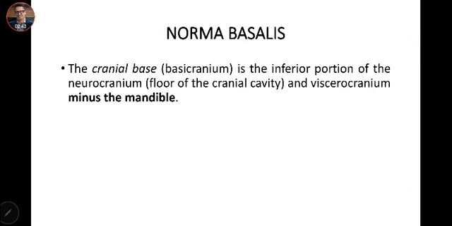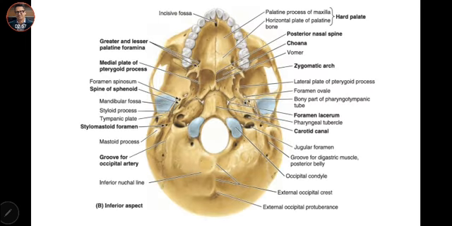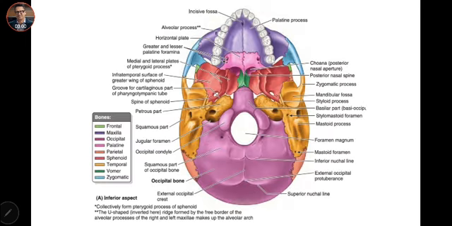So these are the bones of the Norma Basalis: the maxilla, palatine, sphenoid, vomer, temporal, and occipital bones. You can identify these bones in this picture, written in these colors. Even the frontal bone is included, a minor aspect, you see the pointer, in green here. Then there is the maxilla, a large contribution anteriorly.